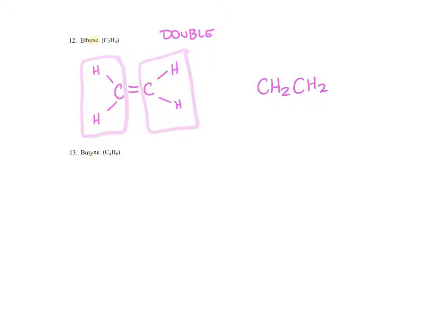Okay, for this next one you have yne, Y-N-E. That means there's going to be 1 triple bond. So again, now I have 4 carbons. I'm going to draw 1, 2, 3, 4 C's and connect the middle ones with a triple bond, and the rest just with single bonds.